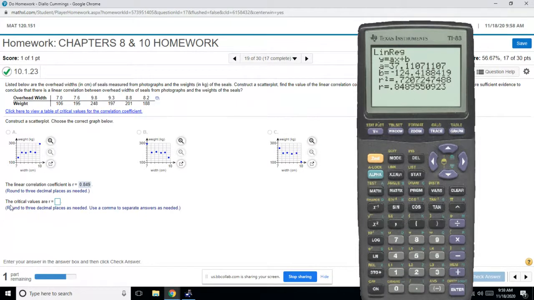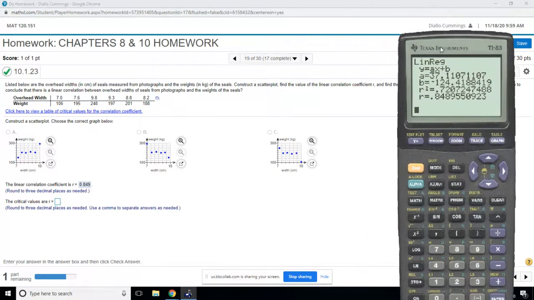All right, so now we're asked for what are called the critical values of R. Now here's where the critical values of R can be found.